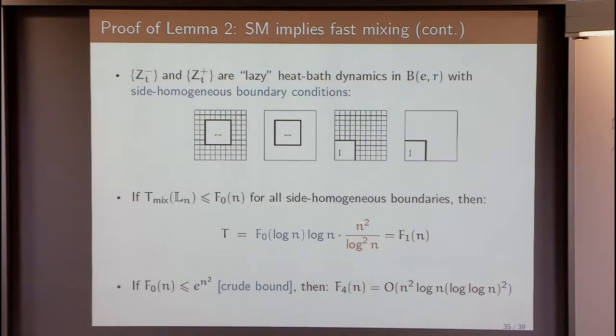Then we have this slowdown factor here because this is essentially a lazy Glauber dynamics where only with probability log squared volume over n squared the edge is updated. So from a guarantee on the mixing time, we obtain a new, stronger guarantee. For example, if we start from a very trivial upper bound of e to the n squared, after 4 iterations of this idea, you get that the mixing time is n squared log n squared.